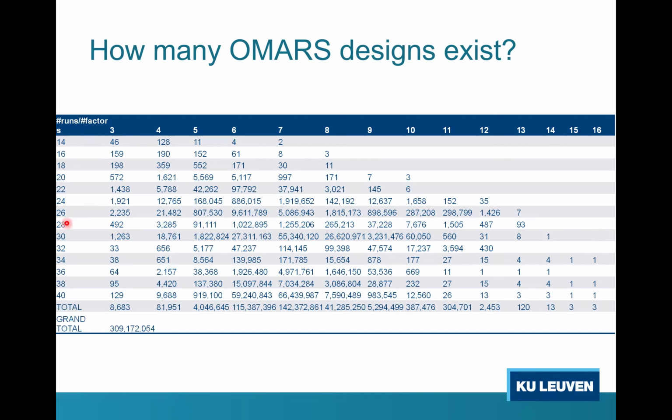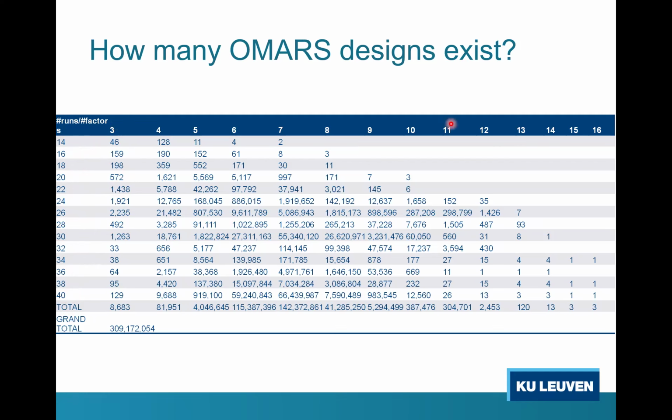The different rows in this table correspond to the number of tests in the experimental plan. So you see that we found OMARS designs with 14 tests, but also OMARS designs with 40 tests, and basically every number in between. This table only contains the even numbers, but there are also OMARS designs with odd numbers of tests. But then my table would become too long.